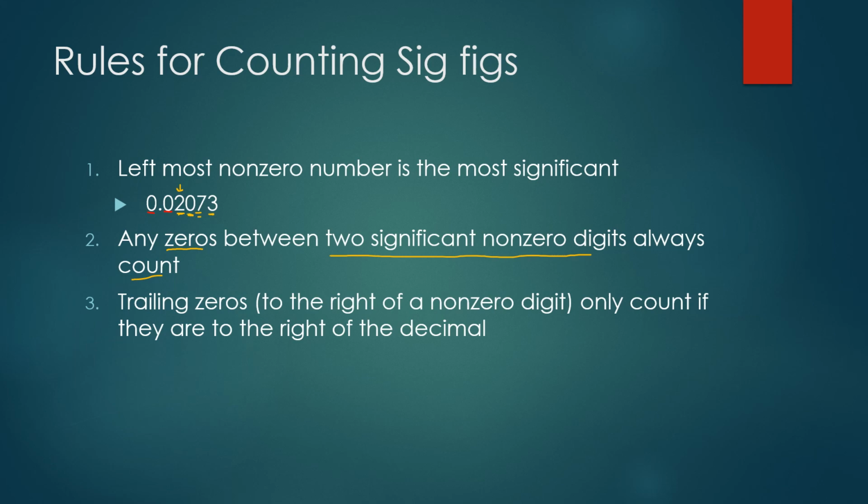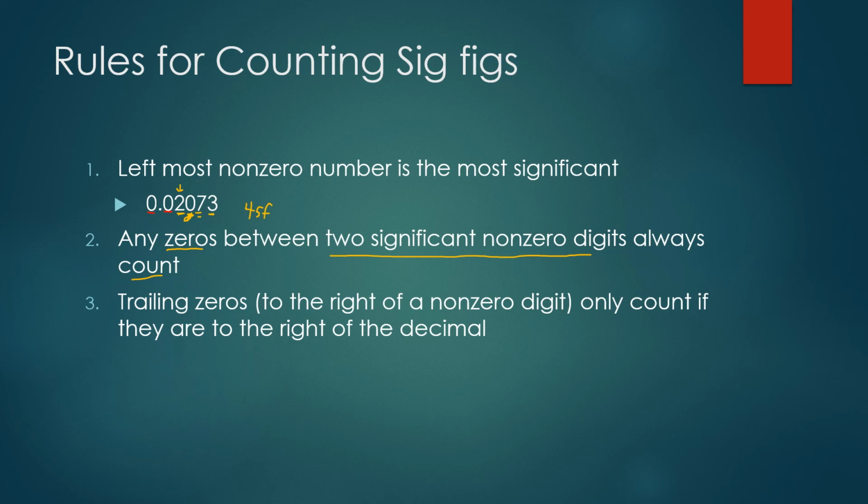So to figure out if this 0 here counts, we look to rule 2, which says any zeros that are between two non-zero numbers count. So this 0 right here is between a 2 and a 7. So that means yes, it counts. So there are 4 significant figures in this number. Now I know this can seem a little confusing at first, but we're going to have lots of practice with it and do several problems until we get the hang of it.